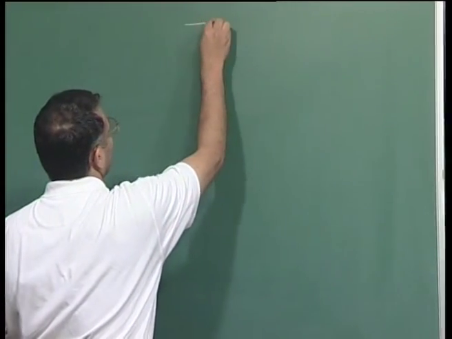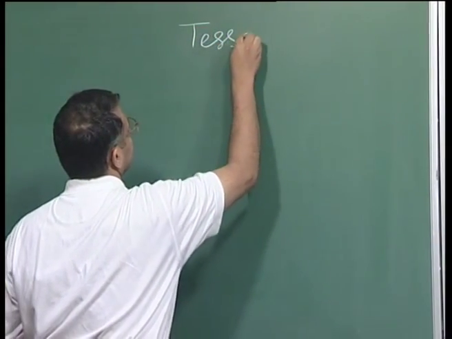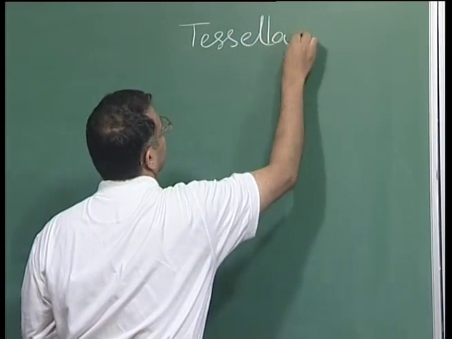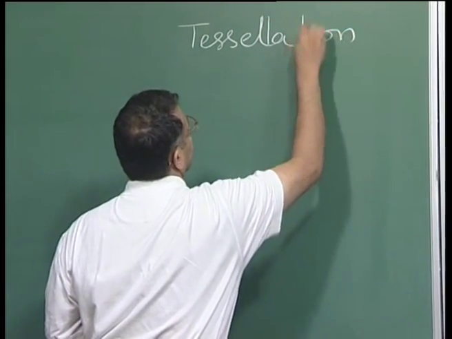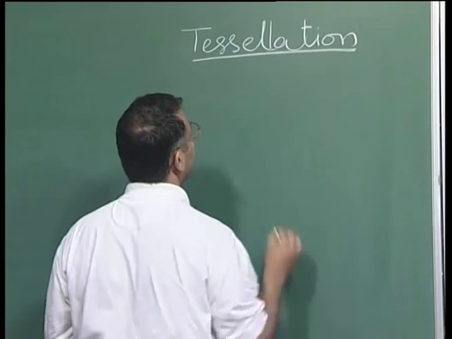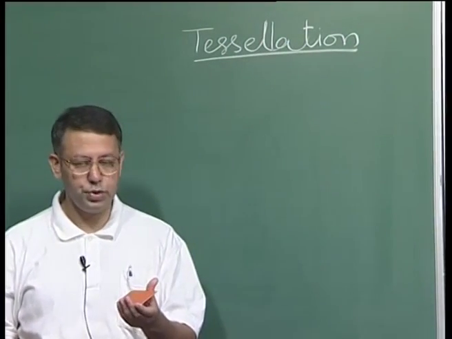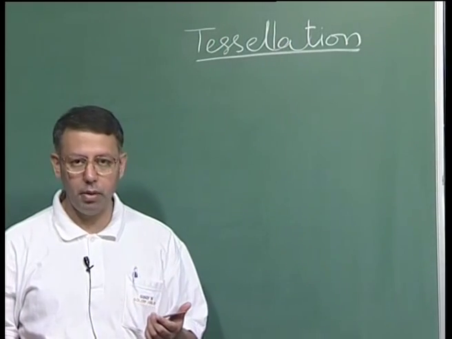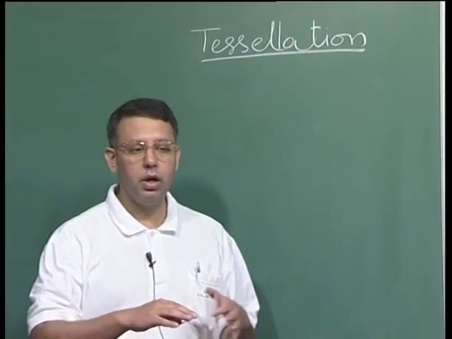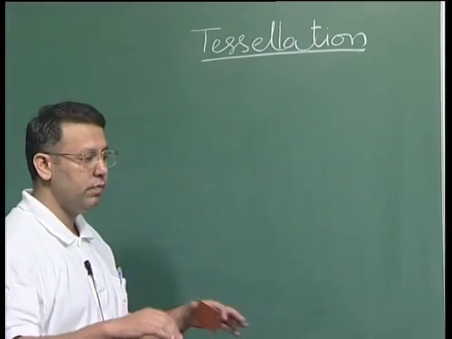Let us explore the concept of tessellation. Tessellation means putting together tiles, which could of course be 1-dimensional, 2-dimensional, or 3-dimensional tiles, to fill space in various dimensions.